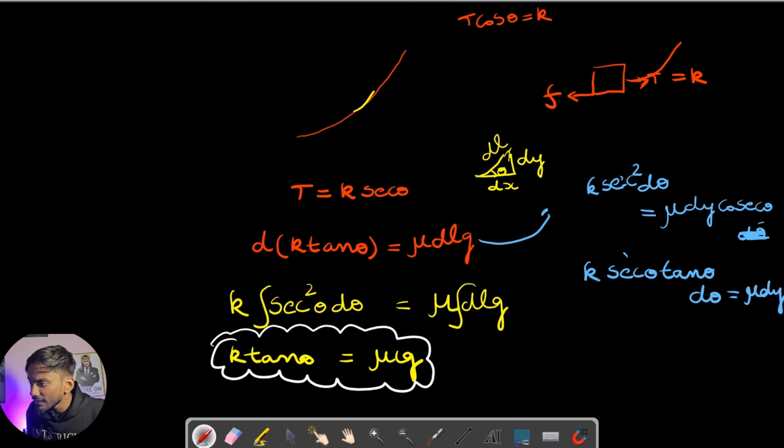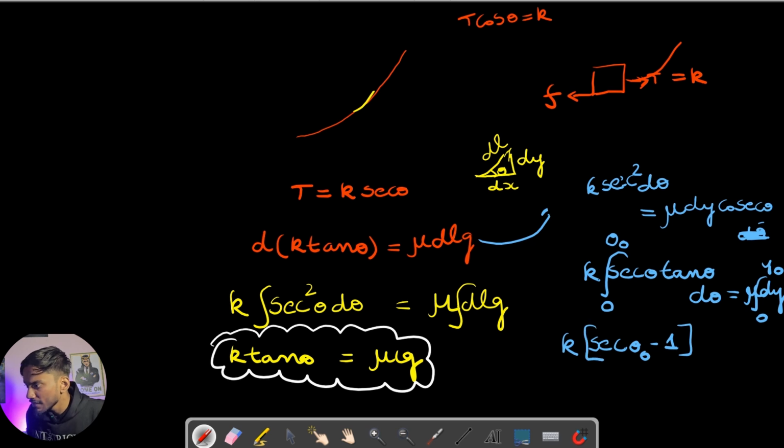If I integrate this, the initial angle is 0, and let's say the final angle becomes theta naught. Here the initial is 0, finally it becomes y naught. So K times secant theta, since the integral of secant theta tan theta is secant theta, so K times (secant theta naught minus secant 0, which is 1) is equal to mu times y naught. This is the second equation we have.